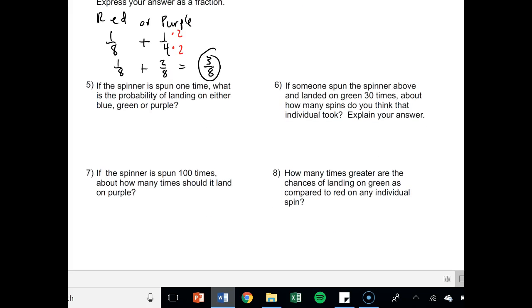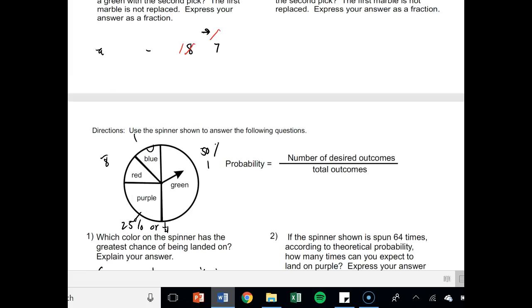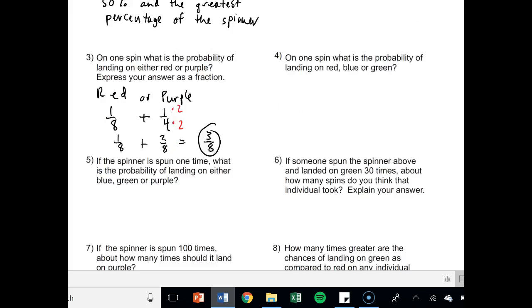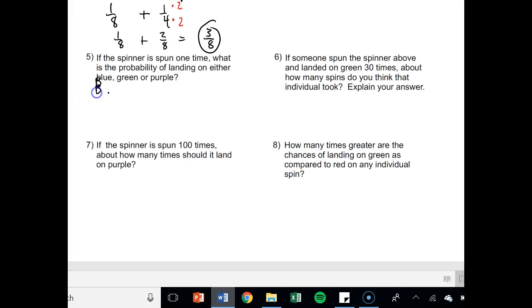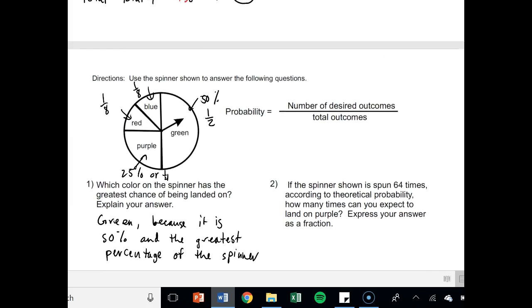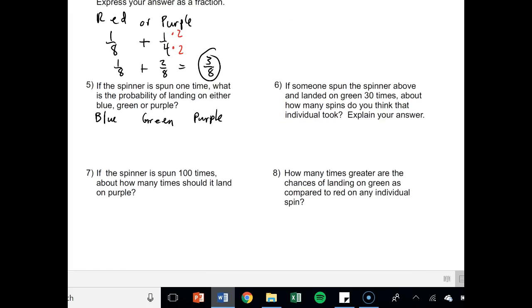Number 5, if the spinner is spun one time, what is the probability of landing either on blue, green, or purple? So you're adding up 1/8, 1/2, and 1/4. Blue is, again, if you go back to the top, you'll see blue is 1/8, green is 1/2, and purple is 1/4.